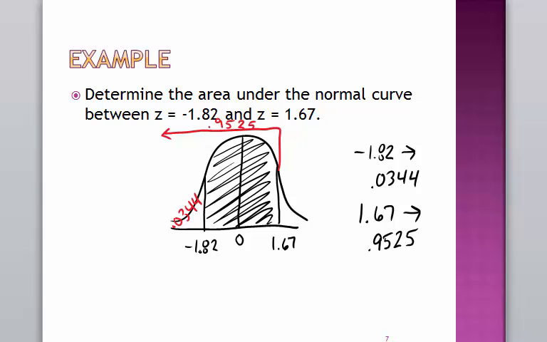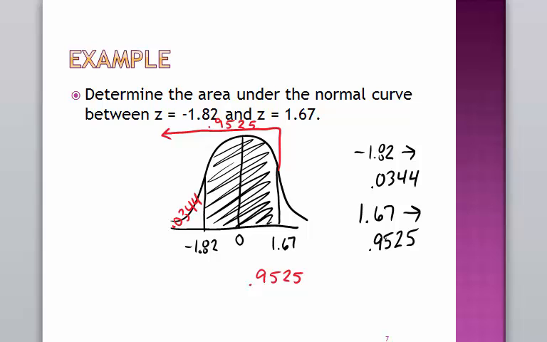And so how do we find the area of the shaded region? Again, we're going to take this total, which is 95.25, and the 95.25 basically includes three sections. It includes from 0 to 1.67, so right here. It includes from negative 1.82 to 0, so this section, and it also includes this section over here that is not shaded.